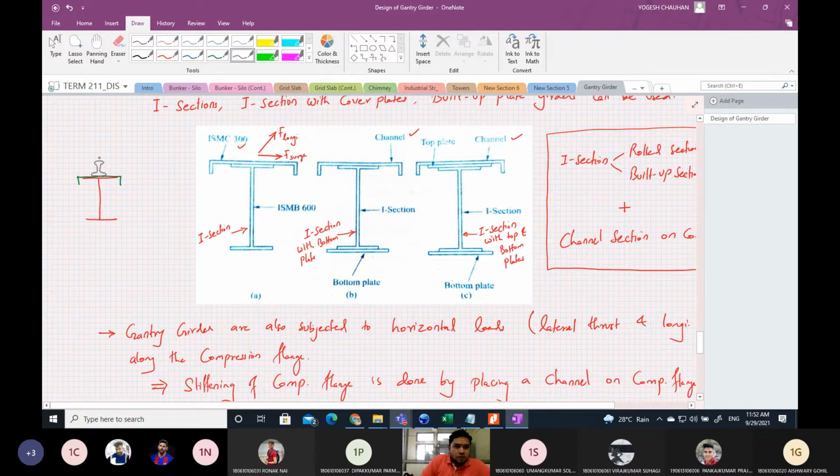Over this rail, the wheels of the crane girder rest and move along this rail. So this is the section of the gantry girder.